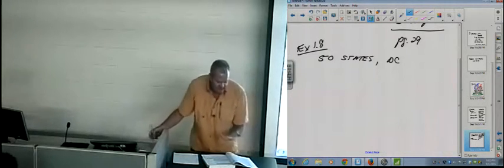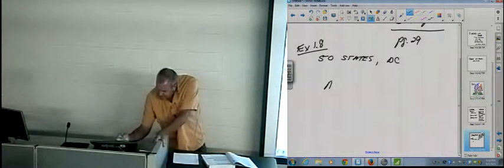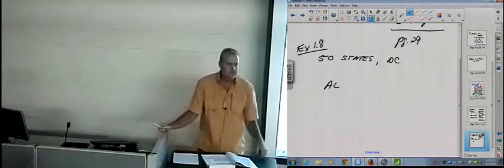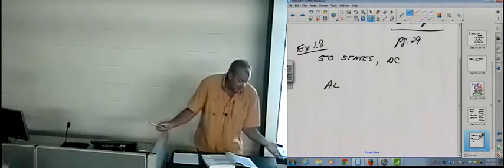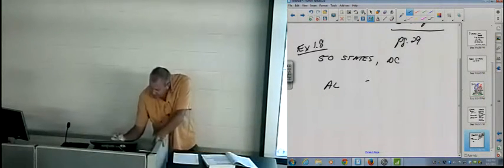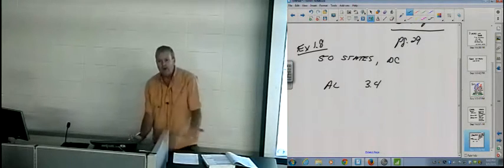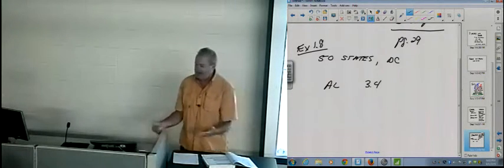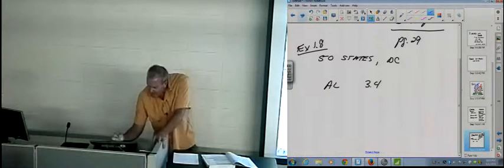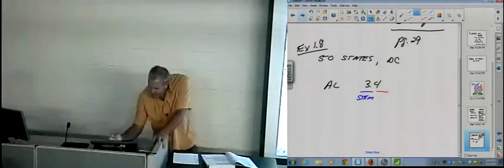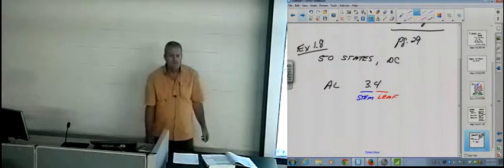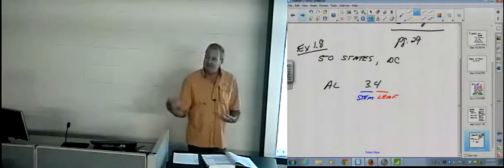Let's say Alabama, AL, reading the table here, it's 3.4. What am I going to make the stem and what am I going to make the leaf? There is your stem. There is your leaf. The rightmost digit's the leaf.